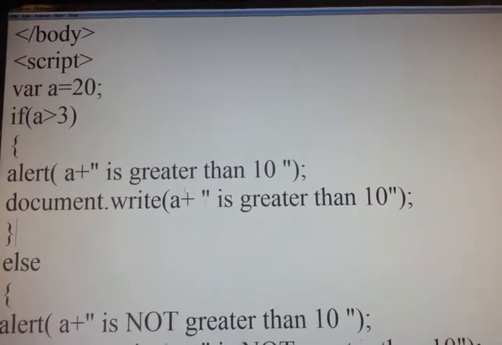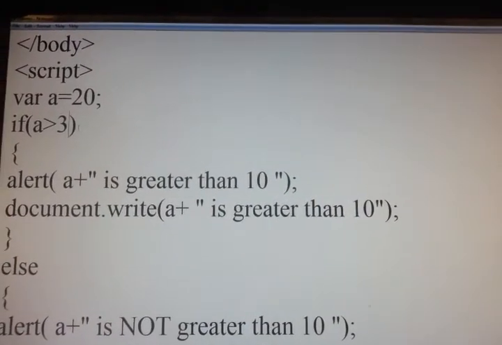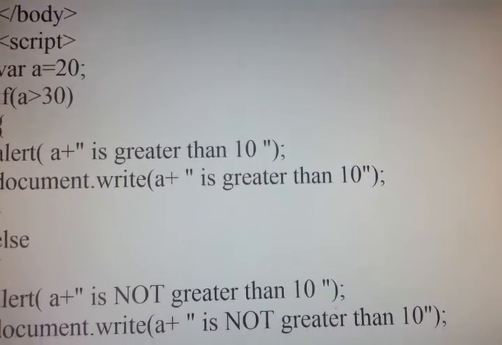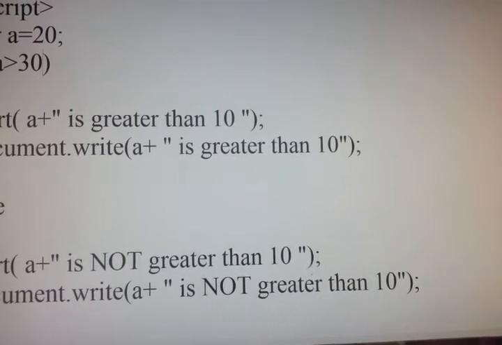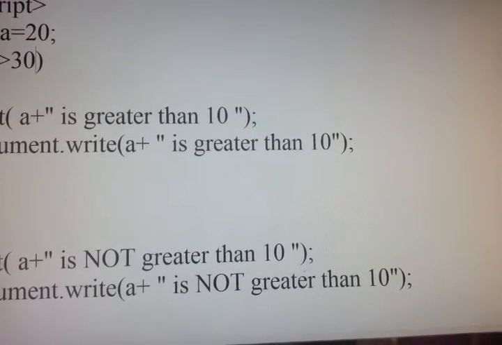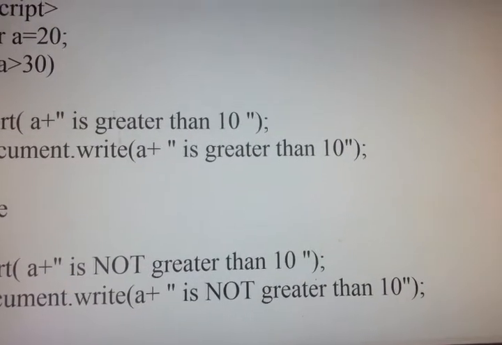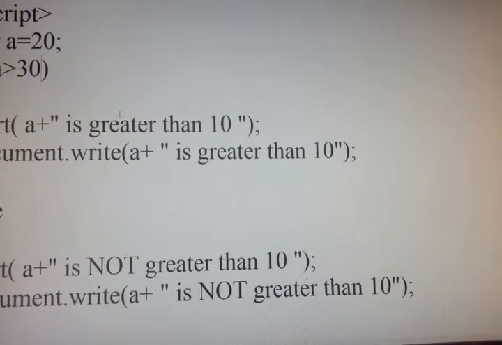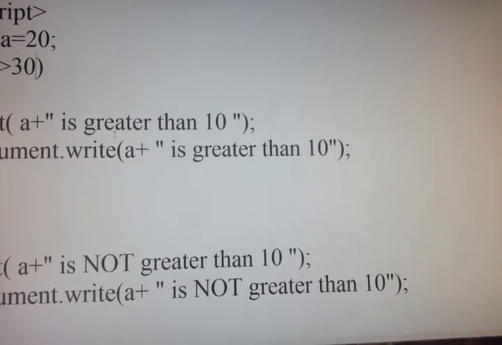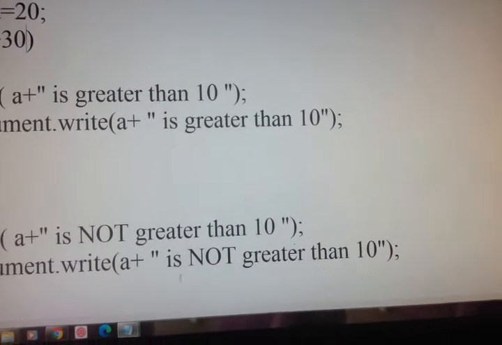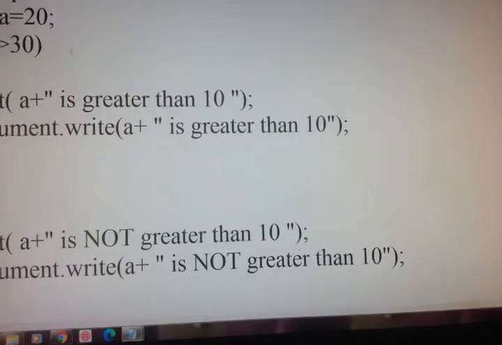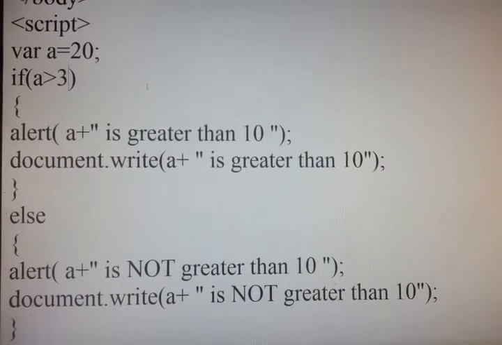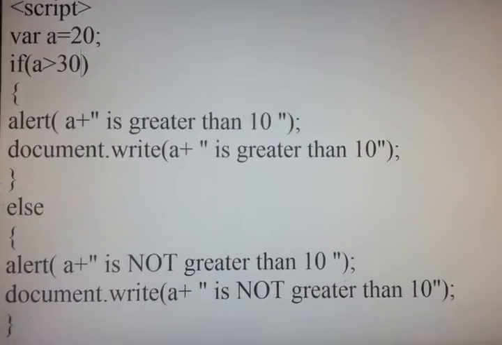So A we have given 20, so we got A is, no, here we will give 30. We'll simply change A greater than 30.